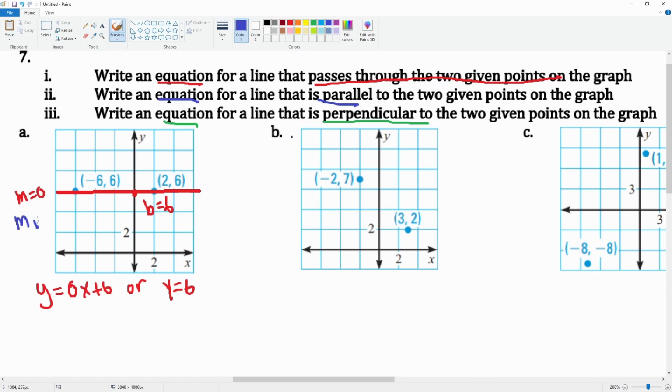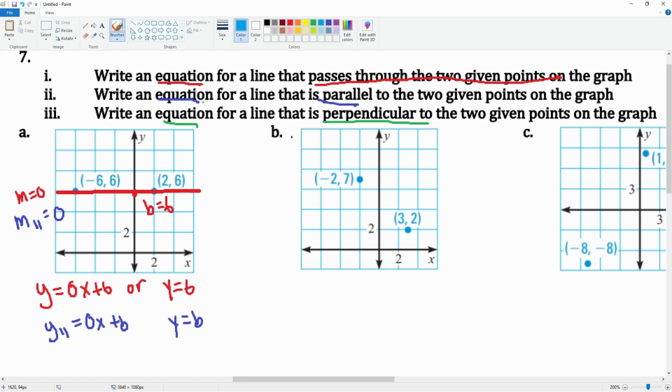Then, if I want the parallel slope, m parallel, it has to be the same, so it has to be 0. So the parallel, y parallel, right here, is equal to the same slope, 0x, with a different b value. So it just has to be y is equal to any b value, okay, or 0x plus b.